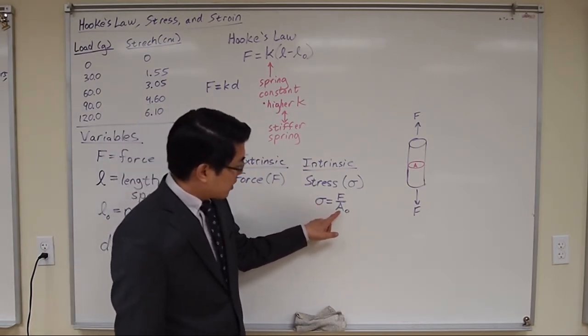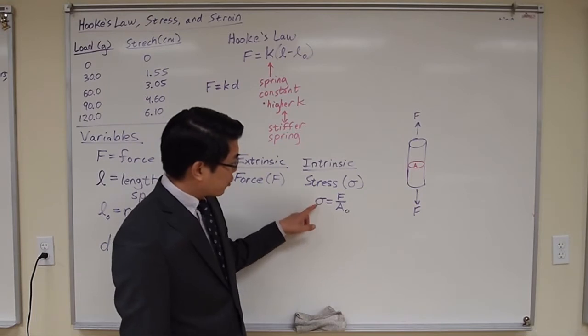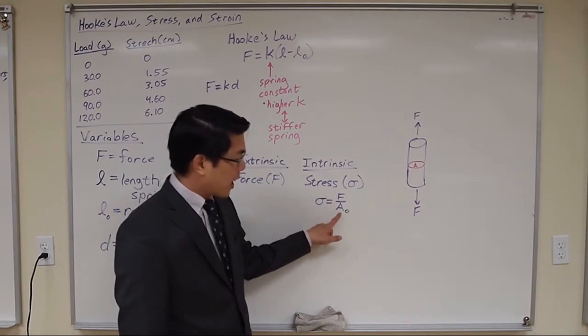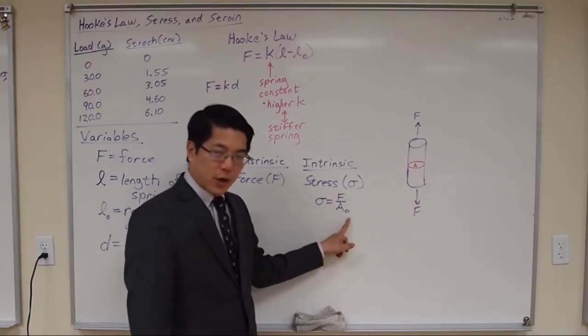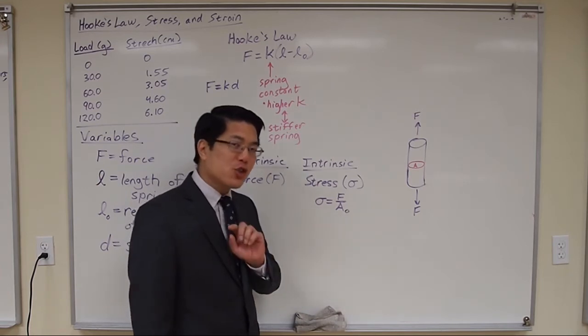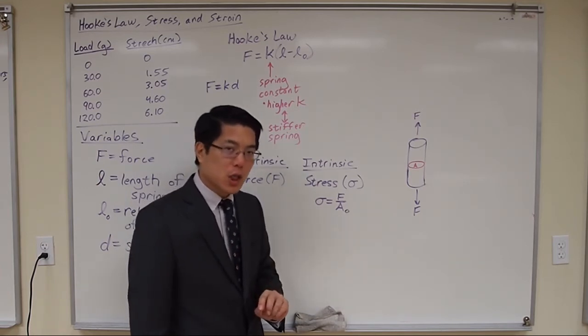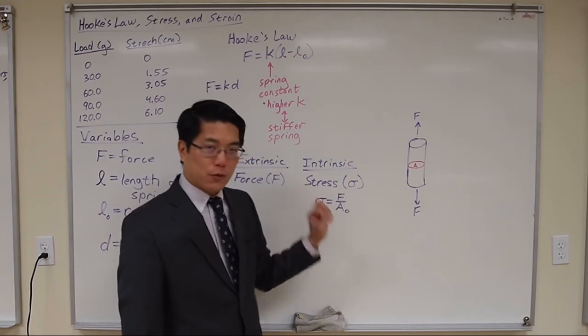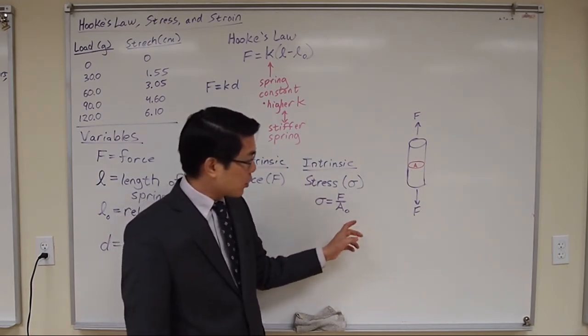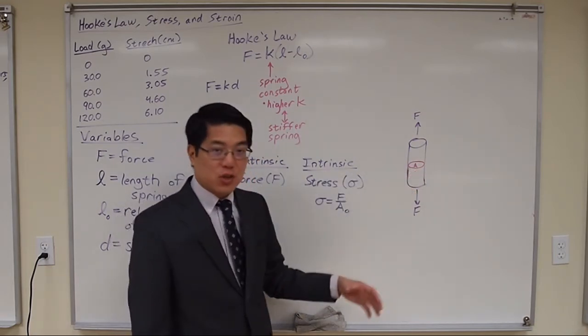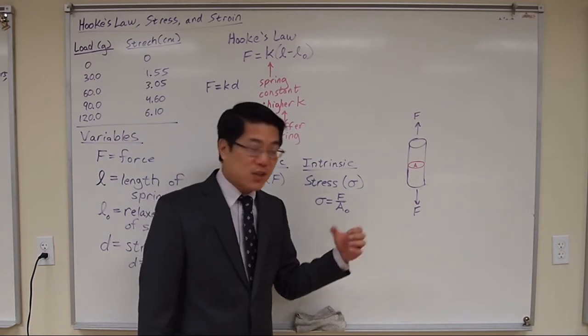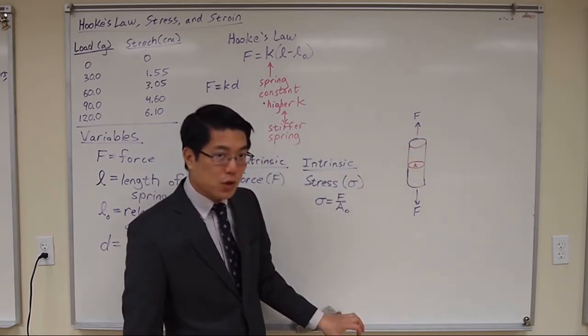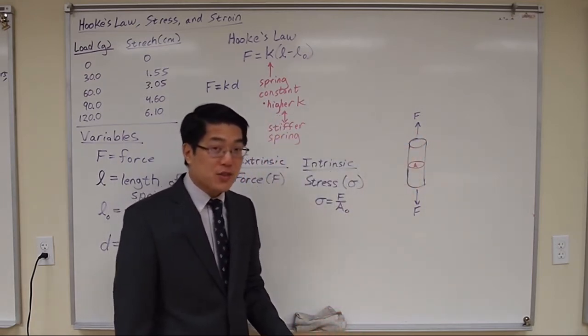So, when you define stress as force divided by the unloaded area, that is called engineering stress. When you continuously monitor force and the cross-sectional area as it shrinks as a result of higher force, then that's called true stress.